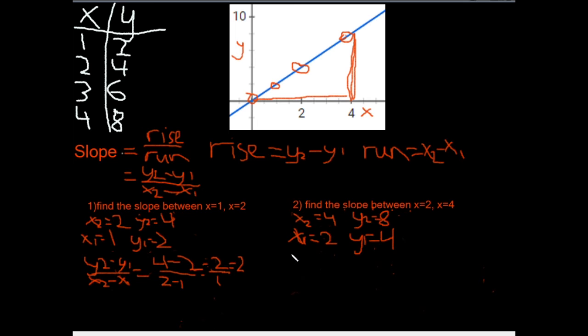Then you can plug these into the equation. So y2 minus y1 over x2 minus x1, you get 8 minus 4 over 4 minus 2. This equals 4 over 2, which is 2.